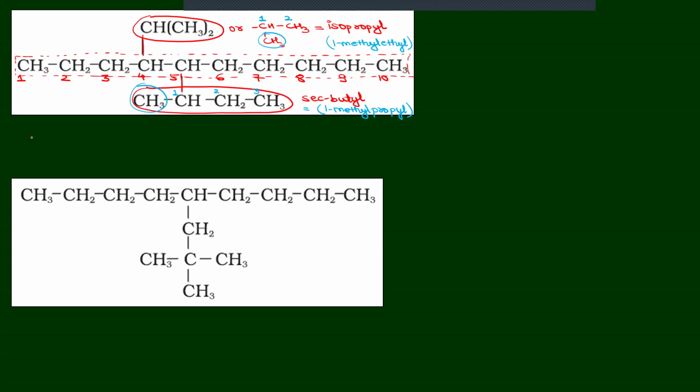S. No. In sec butyl, sec is not considered. I told you, in alphabetical order, sec is not considered. So for sec butyl the alphabet you will pick up is B. Hence the complete name would be 5 sec butyl, then 4 isopropyl, and the parent of 10 would be decane.